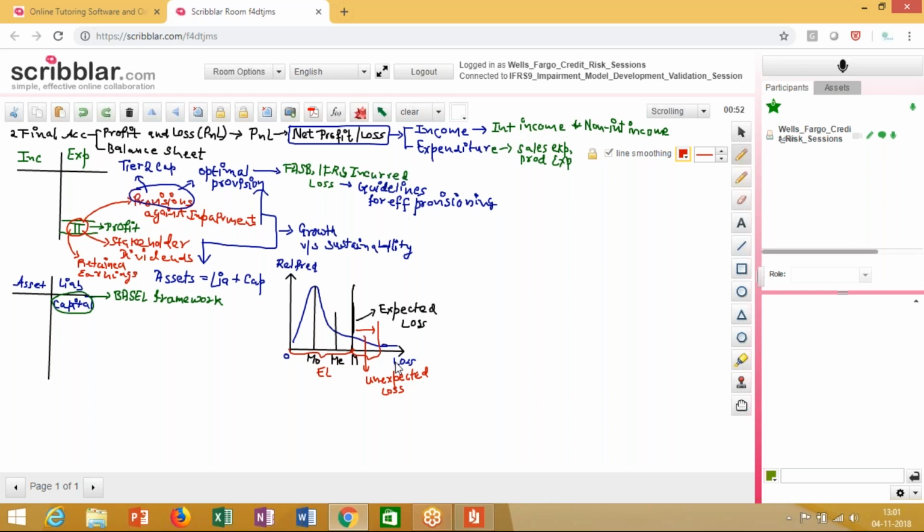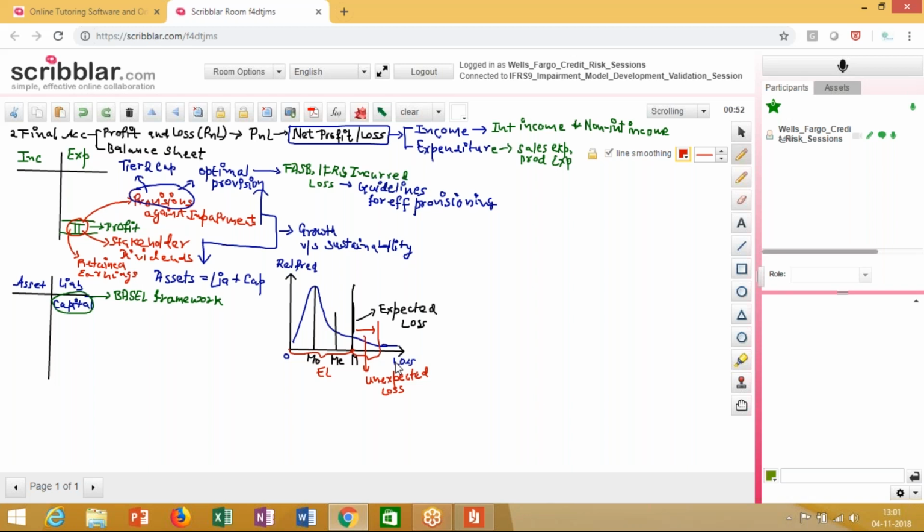However, if you look into the unexpected losses over here, they are different, because the probability of occurrence of unexpected loss is very low, but the volume of the exposure is very high, right?